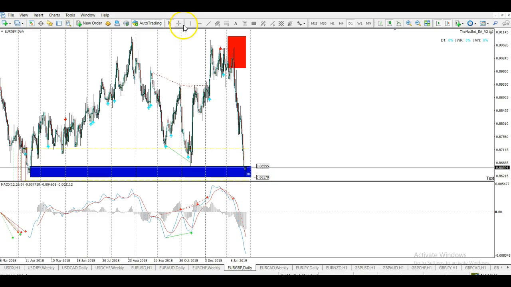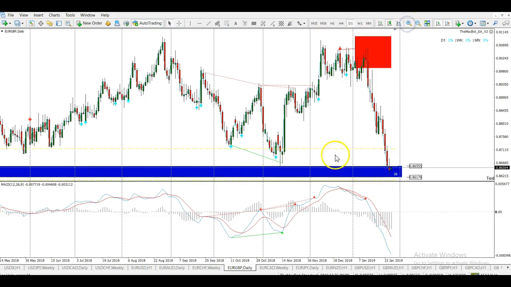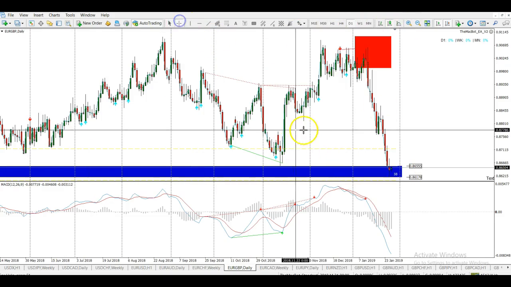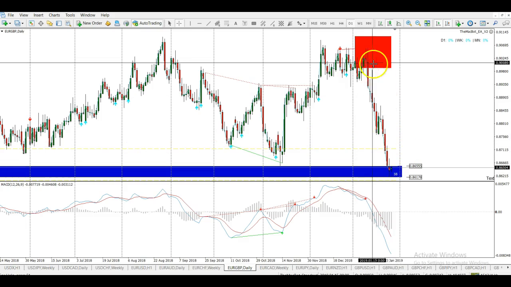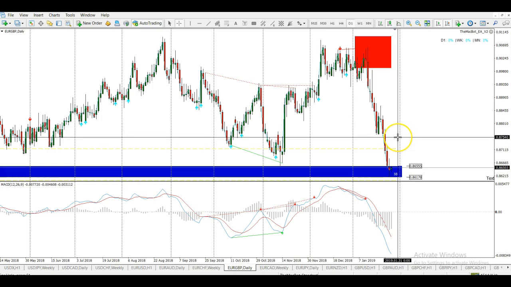So the reason, just to explain this trade again, we've got a daily inside a weekly, and I'm going to go for my first easy target, which is the last low that was taken out in this leg down. Okay, so the last low is around 87,500, so it's around about 100 pips. And it should get there pretty easily once it starts to come up.